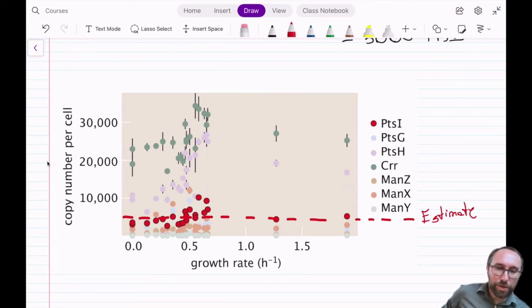So you can see that just by thinking, we can figure out how many PTS1 molecules, how many carbon transporters are necessary to make a new cell, because we were able to figure out how many proteins make up the cell and how many glucose molecules are necessary to provide the building blocks for those proteins.